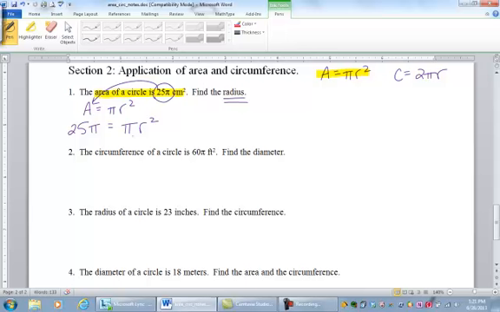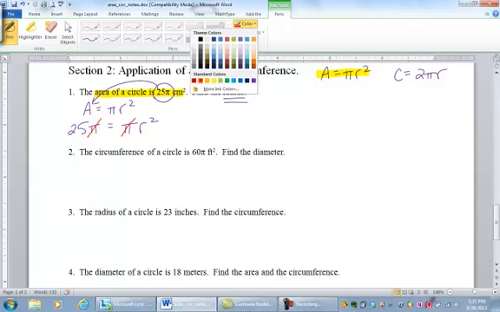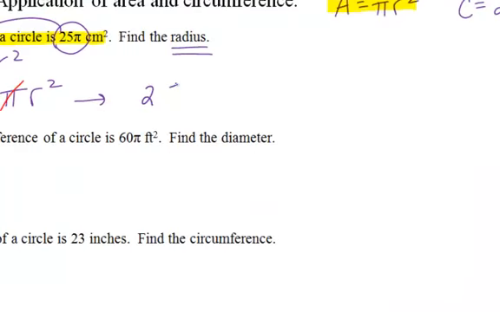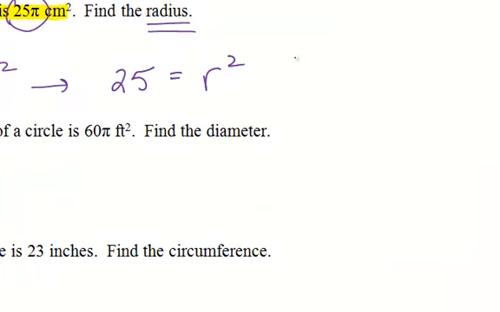And the cool thing about leaving your answer in terms of pi is that look what happens with the pi's now. They cancel on each side. So the equation you're just trying to solve for now is 25 equals r squared. And so maybe you can figure out what the radius is now in your head, or if you're going to do it algebraically, all you have to do to get r by itself is square root both sides.